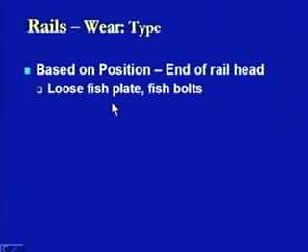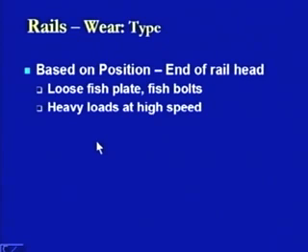If the fish plates and fish bolts are loose, then obviously there is relative movement of the two rail sections, and when that relative movement takes place, there is a striking behavior of the wheel on the rail head, and because of this striking behavior, there is wear taking place at the end of the rail head.